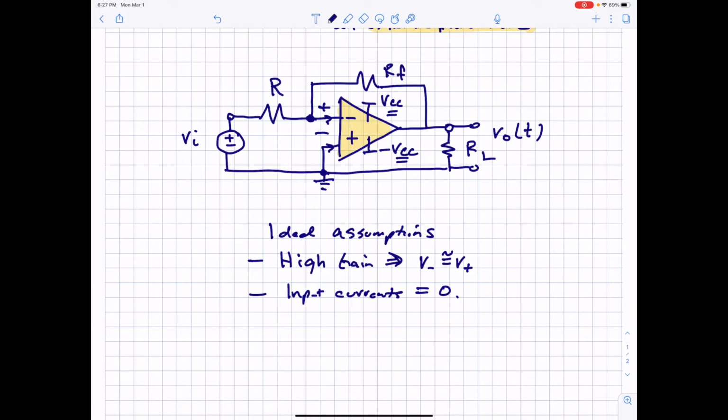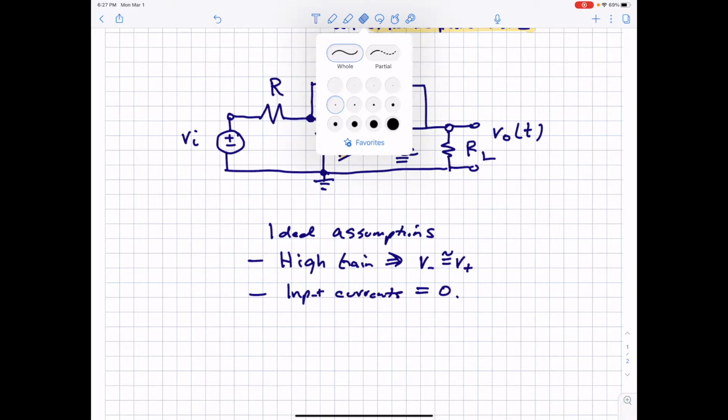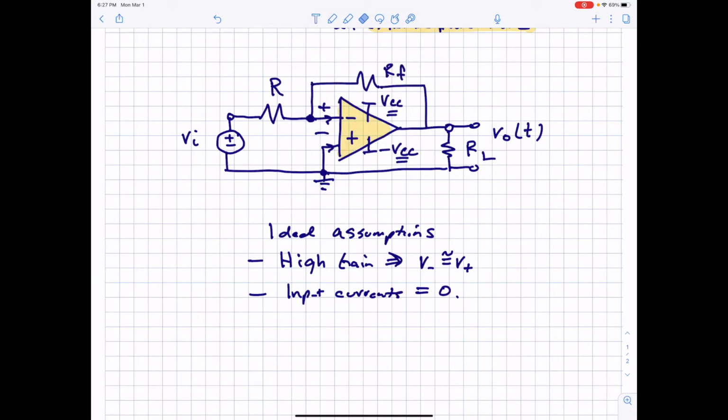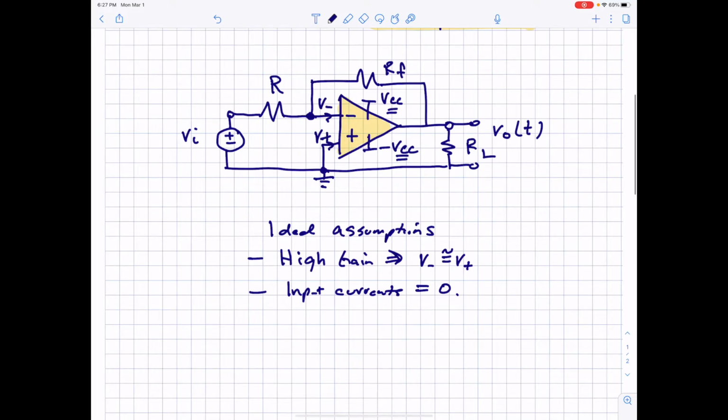So you can think of an op amp circuit as one that has feedback also, and it drives that input difference between V minus and V plus to be essentially zero, where V minus is equal to V plus. That's one of the main assumptions that we make so that you can do some calculations with an ideal op amp.